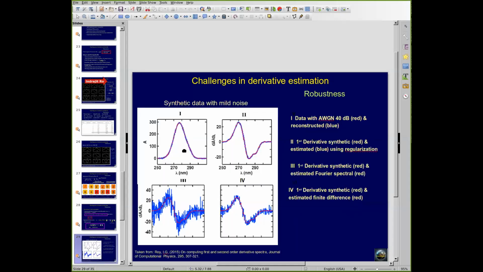This data has a very small noise. The Fourier spectrum with the first order derivative is unacceptable, and a different scheme is also unacceptable, because blue are the estimated derivatives. The regularization one is fantastic, preserving the resolution and the spectral content at the same time as getting the derivative.